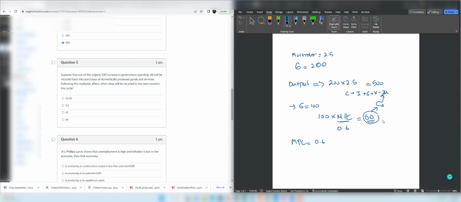So this 60 is going to get back to the economy in the first round. Now, in the second round, 60 becomes again an income of some people in the economy. Only 60% of it is going to be recycled back. Every round, less and less money goes back into the economy. That's the idea of the multiplier. And therefore, $36 goes back in the second round into the economy. The right answer is 36.